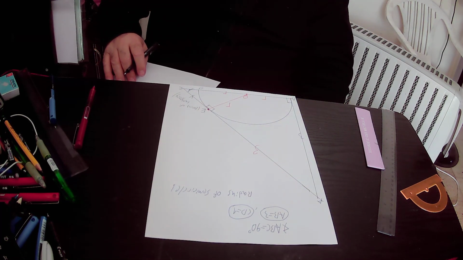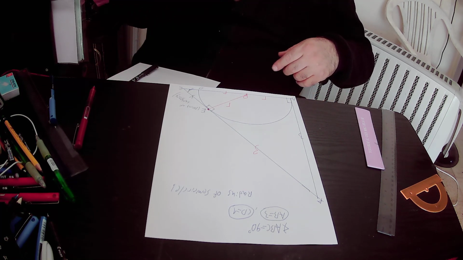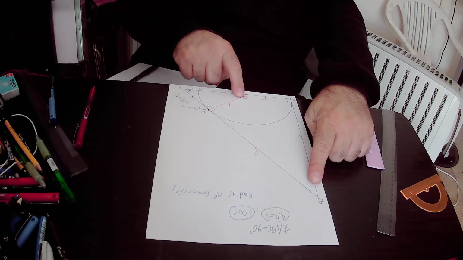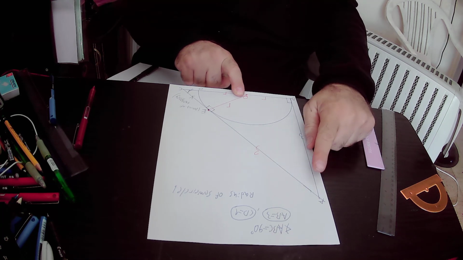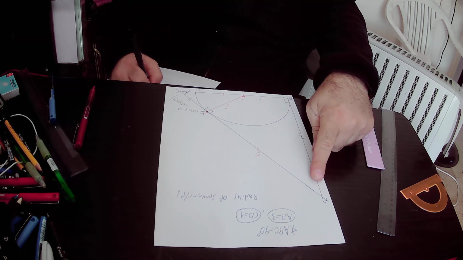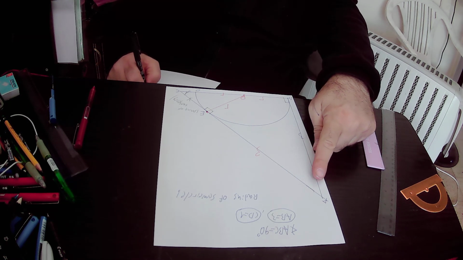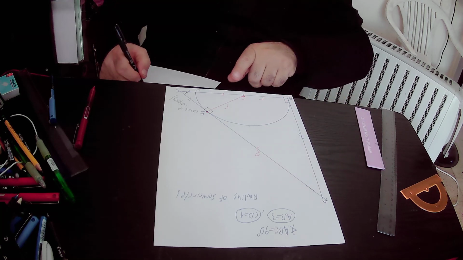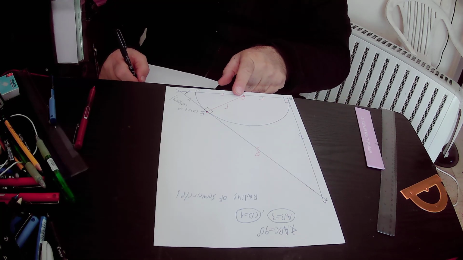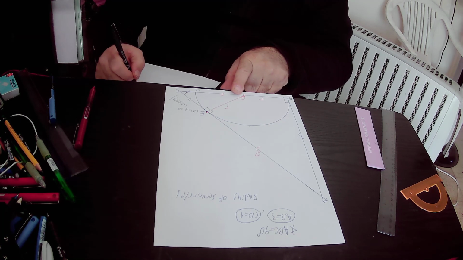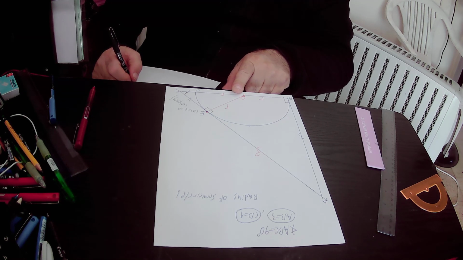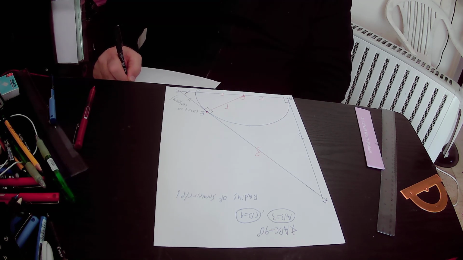And those two angles are also equal to each other according to the third angle theorem. So write it down, angle BAC of triangle ABC equals to angle EOC of triangle EOC, according to the third angle theorem.